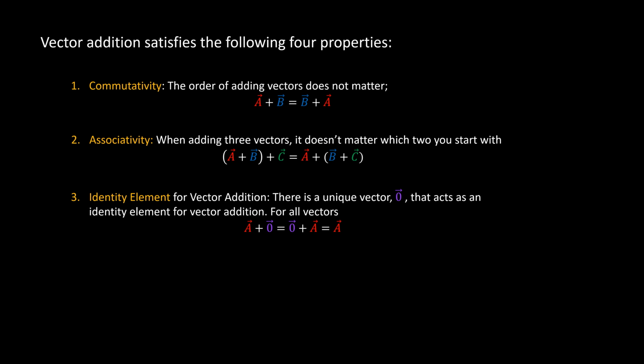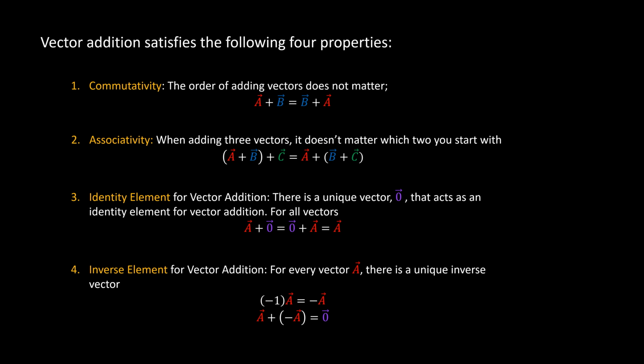Identity element for vector addition. There is a unique vector, the zero vector, that acts as an identity element for vector addition. Inverse element for vector addition. For every vector A, there is a unique inverse vector, so that when we add vector A with its inverse vector, we get the zero vector.